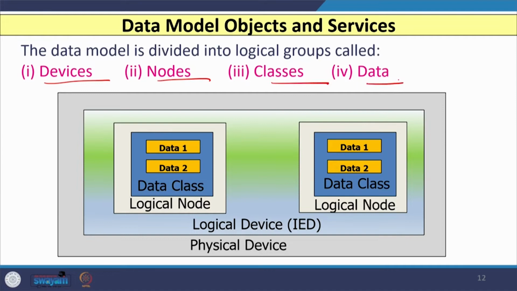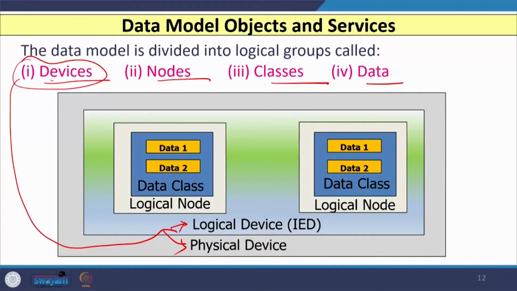You can see the first one, the devices, comes here. We have the physical device, let us say whatever physical device we have, PMU, IED, relay, and then we have a logical device also.